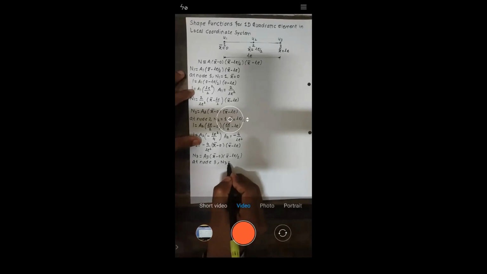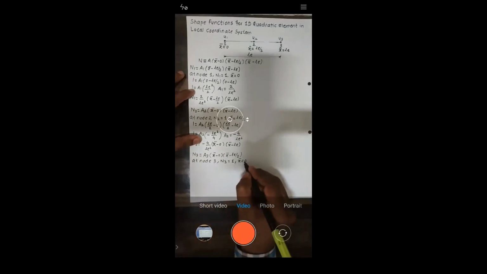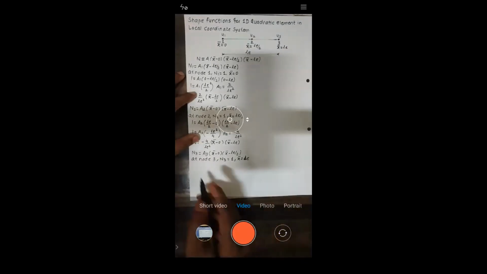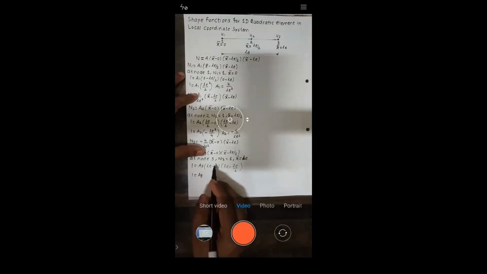So similarly, at node 3, what is the value of N3? Obviously it is 1. And what is the value of x bar? Sorry, x bar is Le. So just put this value: N3 is equal to 1 is equal to A3 into Le minus 0, and again Le minus Le by 2.